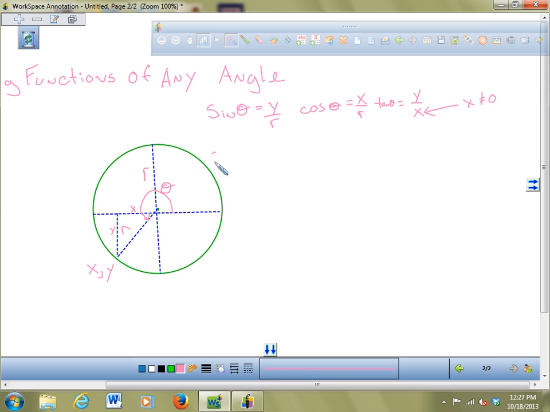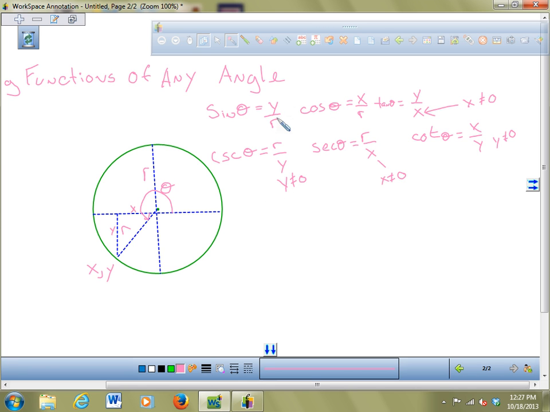Then I flip them over, and I get the cosecant of theta is equal to r over y, and the secant of theta is equal to the reciprocal of this, r over x, and the cotangent of theta is equal to x over y. And again, in this case, y cannot be equal to 0. And in this case, x cannot be equal to 0 because otherwise you'll get undefined.